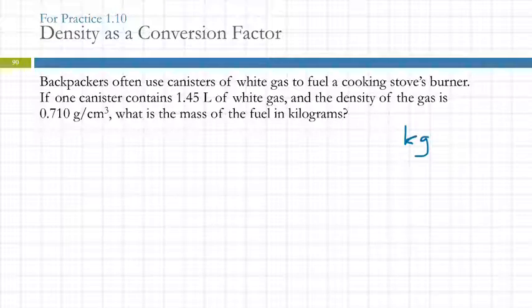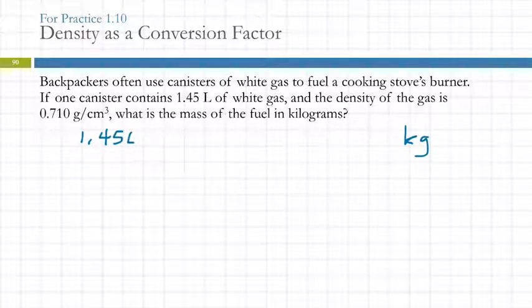It's got 2 units in it, grams per cubic centimeters, right? So most of the time, this is what you're going to start with. This is a conversion factor. It's a relationship between grams and cubic centimeters. I can't use this as a starting value. So that tells me I'm going to start with liters.